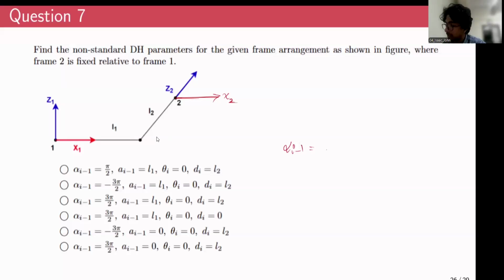Again, alpha i minus 1 is the angle between Z1 and Z2 along X1. So Z1 is vertically upward in the plane. Z2 is going out of the plane, perpendicular to the plane. So how much do you have to rotate along X1 so that Z1 and Z2 will be aligned?